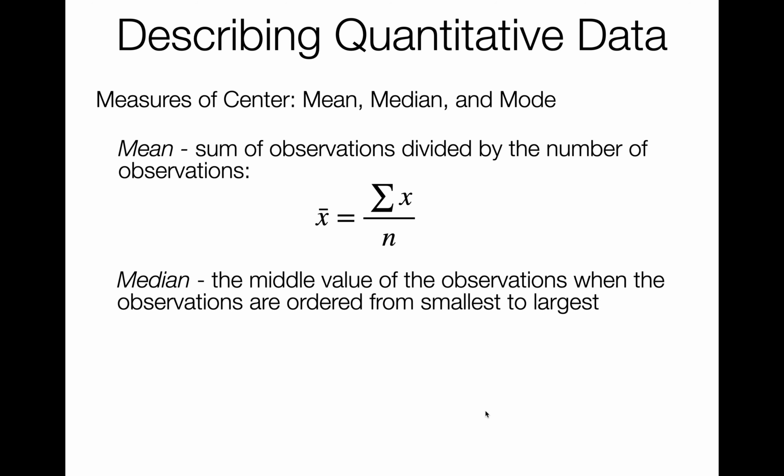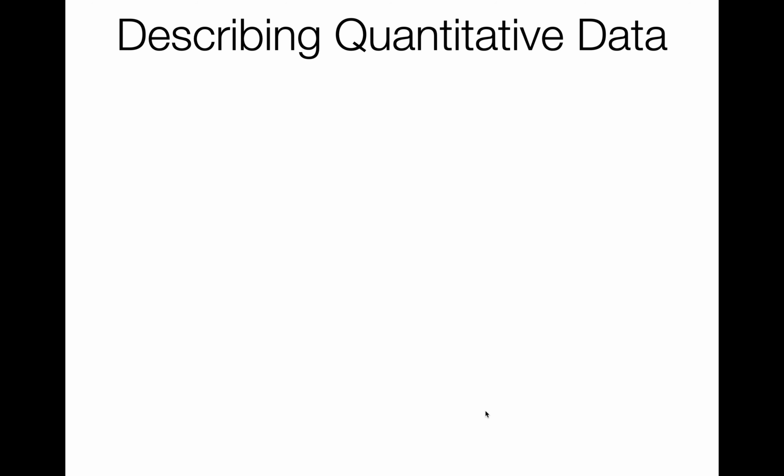You order the observations and then you count inwards to the middle point, and that middle point is the median. We don't really have a symbol that represents the median, because it turns out the median is much less popular than the mean. So here are some properties of the mean that we are interested in.